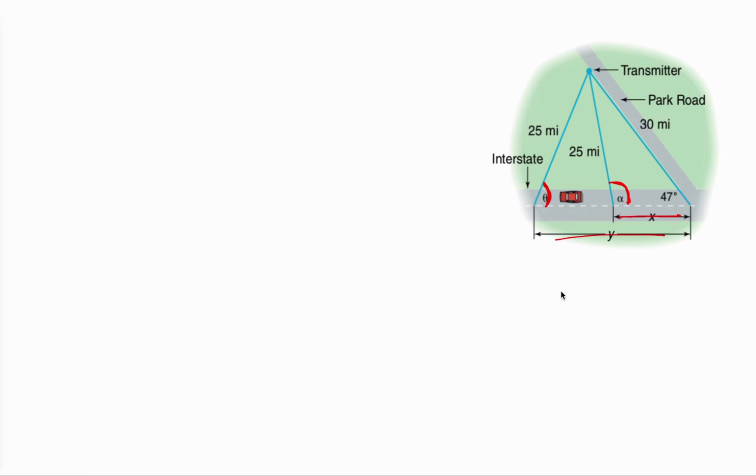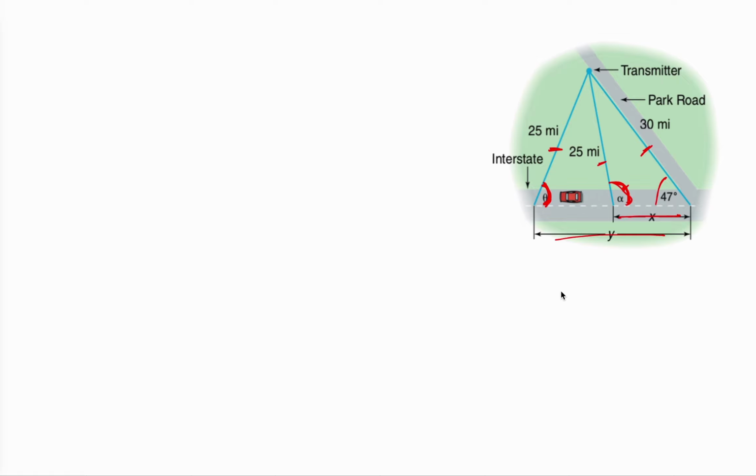Right now we have this one angle, 47 degrees. We've got an opposite side and this adjacent side. We can use that to find this angle. We can also use it to find this angle because this 25 is also opposite. So, find our two angles.